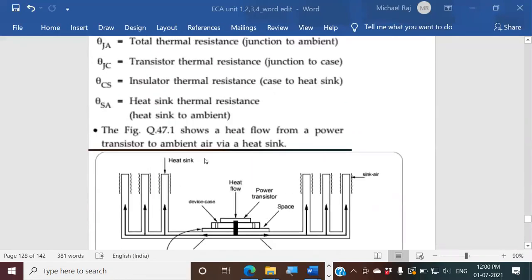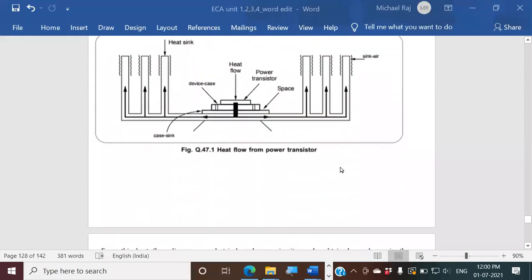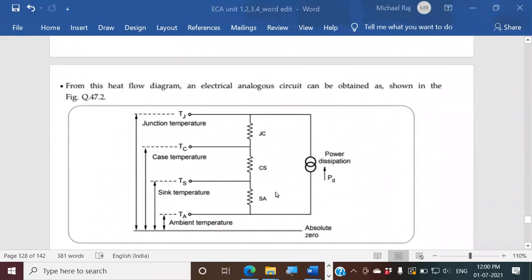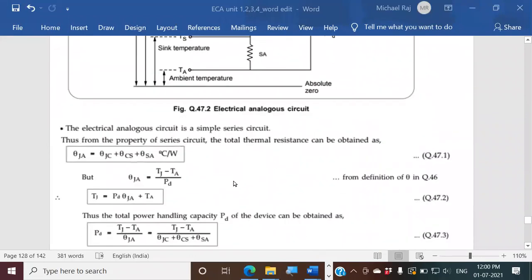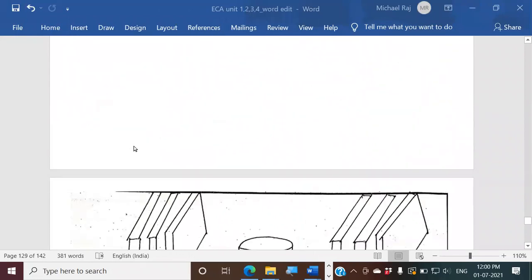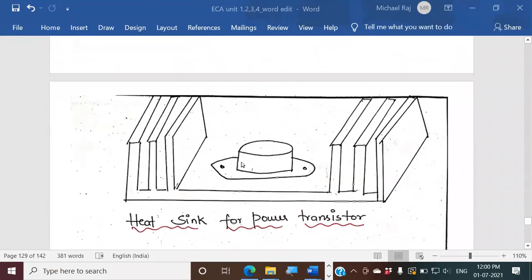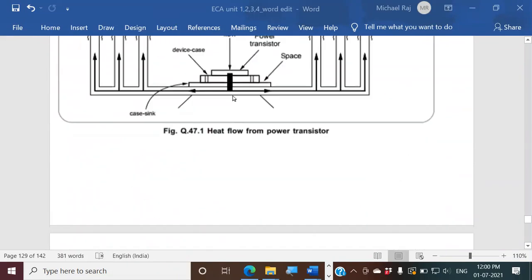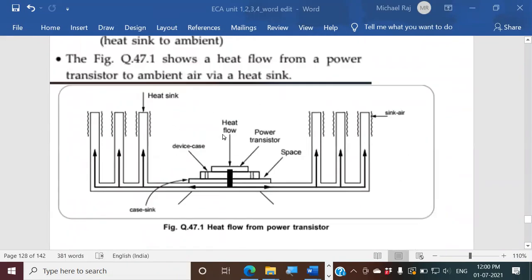Then for the heat sink, we are simply increasing the surface area. Then based on the heat conduction, we are drawing this. All this we have discussed, right? All this you can write. This same diagram is repeated. So very easy.